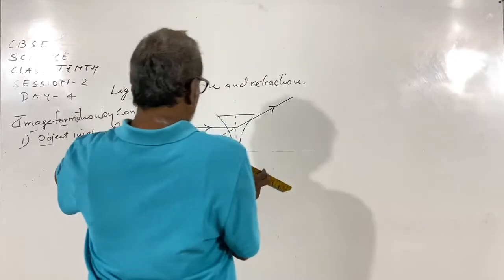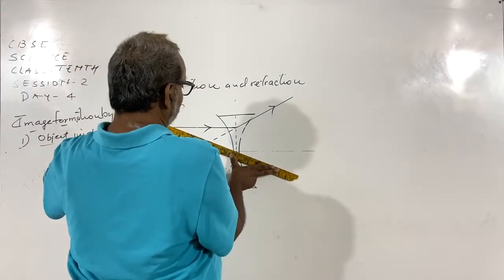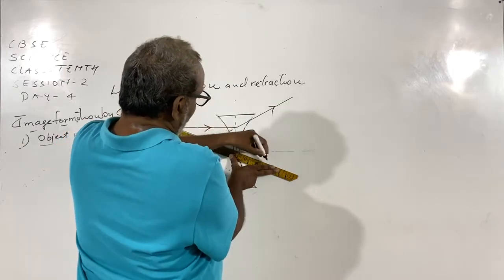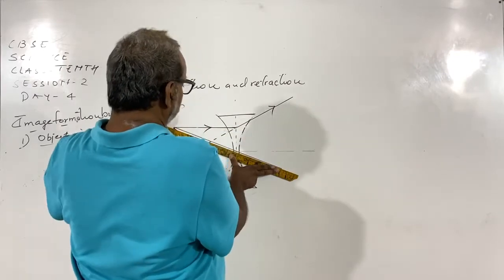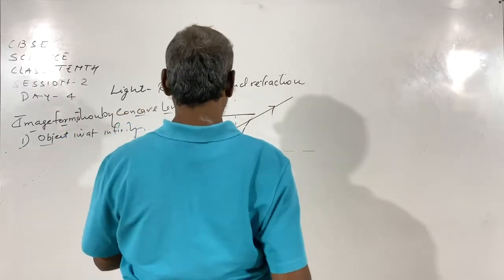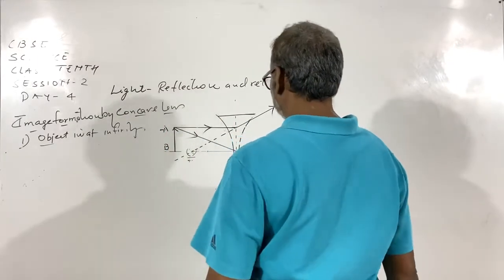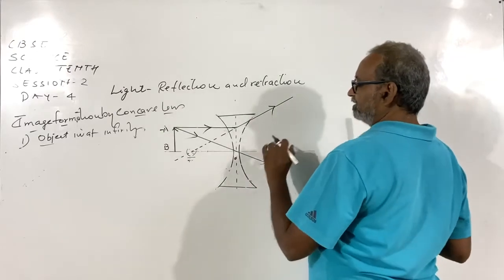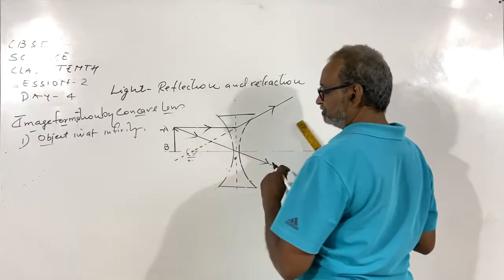We will take another ray that passes through the optical center and it goes without any deviation. So this is the incident ray, this is the refracted ray. Now you can see that these two refracted rays appear to be coming from this point.